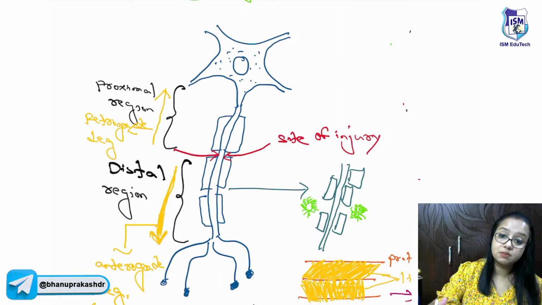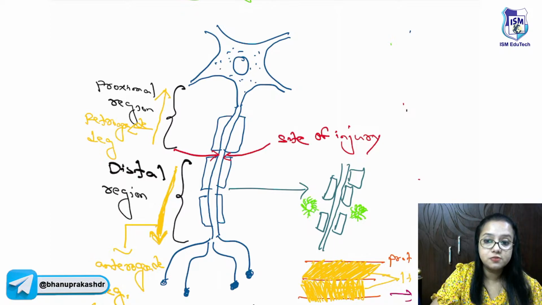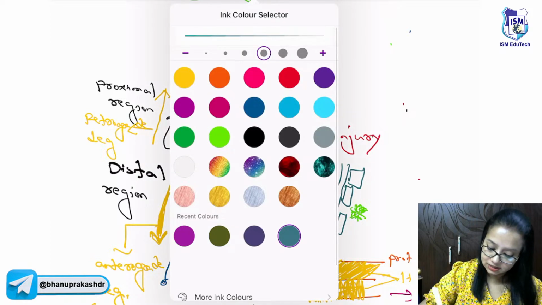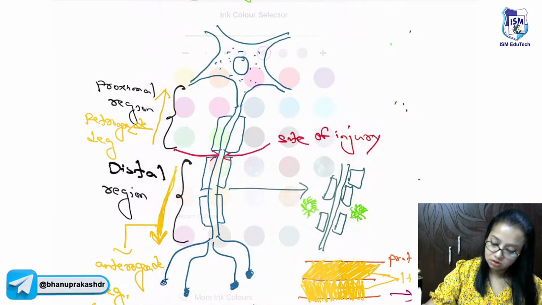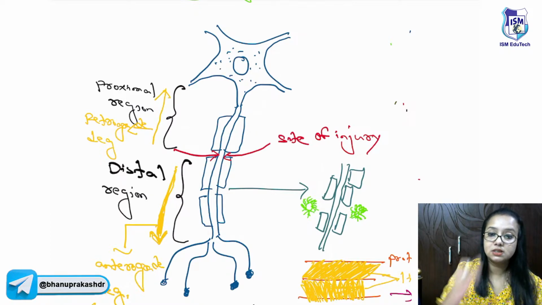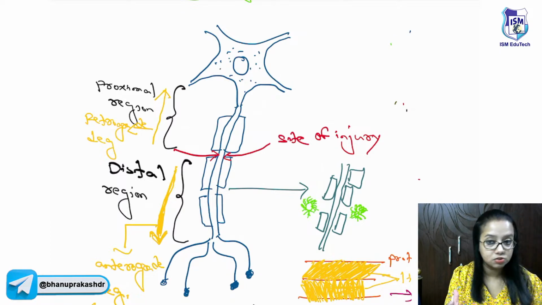Now, what will happen in the proximal portion? In the proximal portion also, the first phenomenon is what we call chromatolysis. I will draw here and then we will understand what is chromatolysis. So if I draw this again, chromatolysis means you see chrome. When you see under the microscope, there will be this purplish stain that will be seen, which will mean the Nissl granules of the cell body of a neuron.